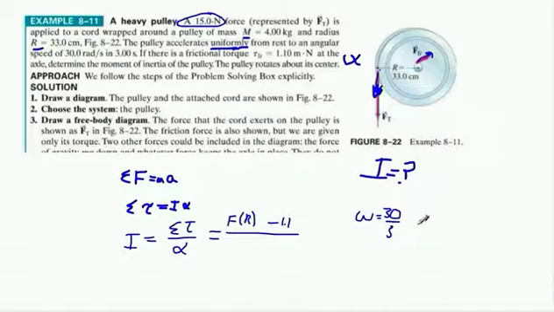You could be really careful if you wanted and say omega final minus omega initial divided by your change in time, so delta omega over delta t, but I think that's the way this one works out. So what is that? 10 radians per second squared.